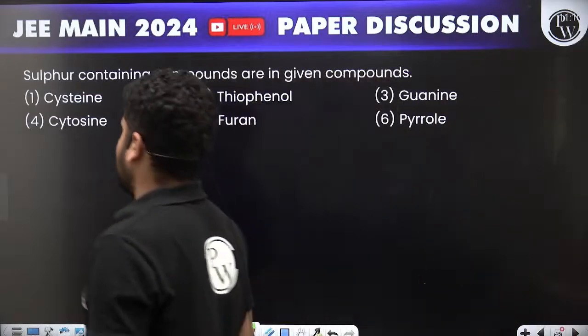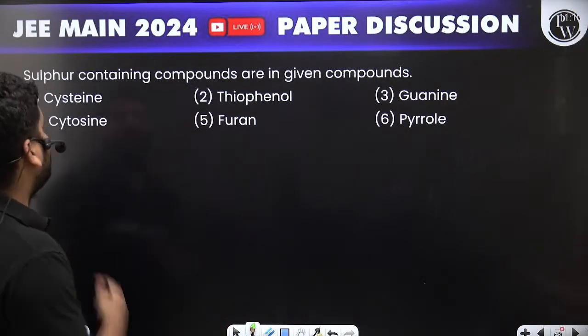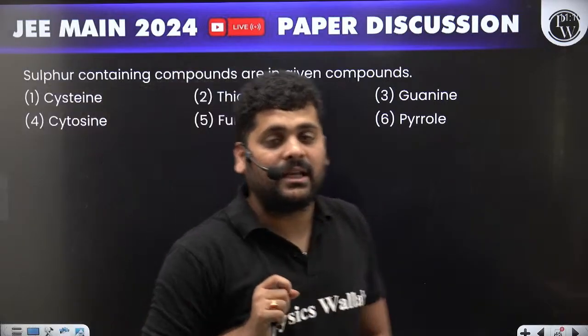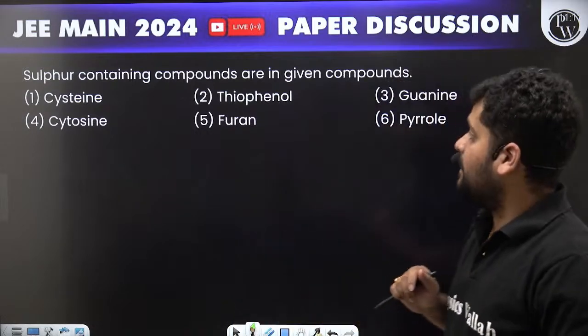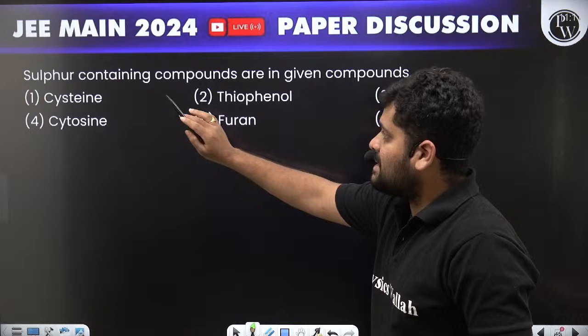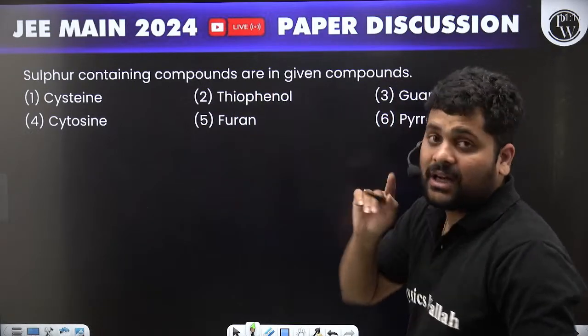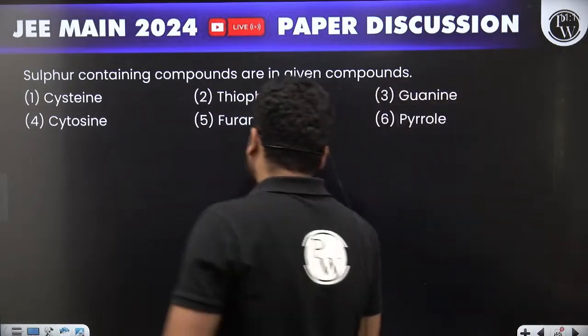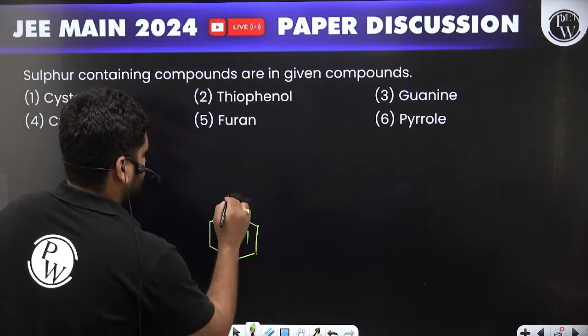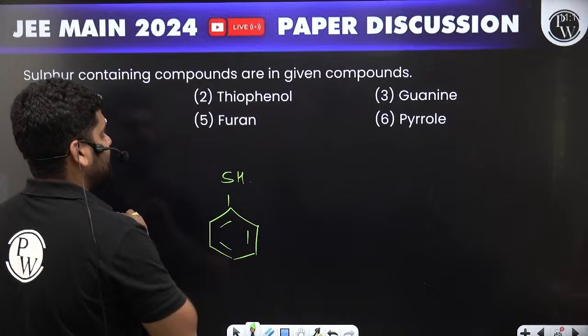This question, have a close look at this. Sulfur containing compounds in the following cases. Okay, right. So in this case, first one, you have cysteine, thiophenol. Whenever you have thio, it means oxygen has been replaced with sulfur, isn't it? So thiophenol is going to be benzene and SH.